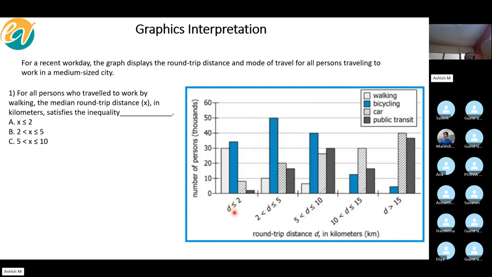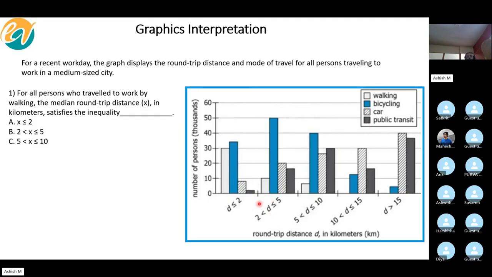So basically, let's look at it this way. For people whose round trip distance is 2 kilometers, 30,000 people walk, 33,000 people bike, 9,000 people use car, and 2,000 people use public transit.